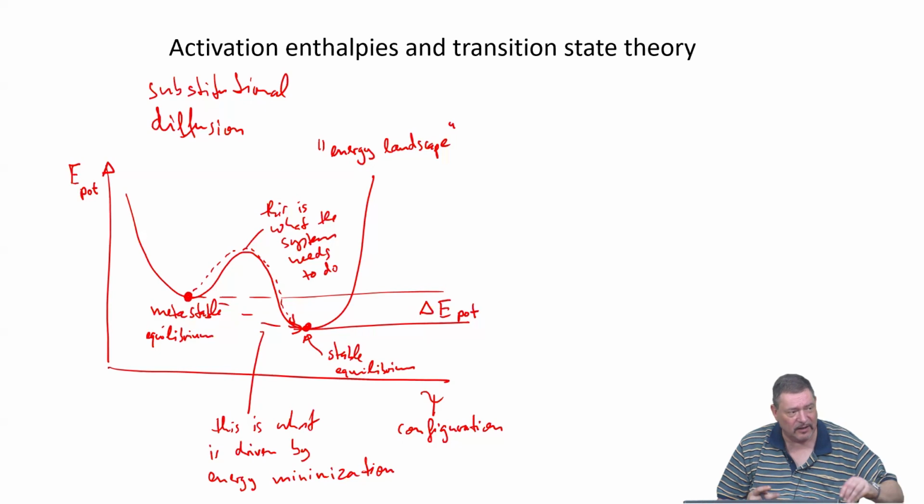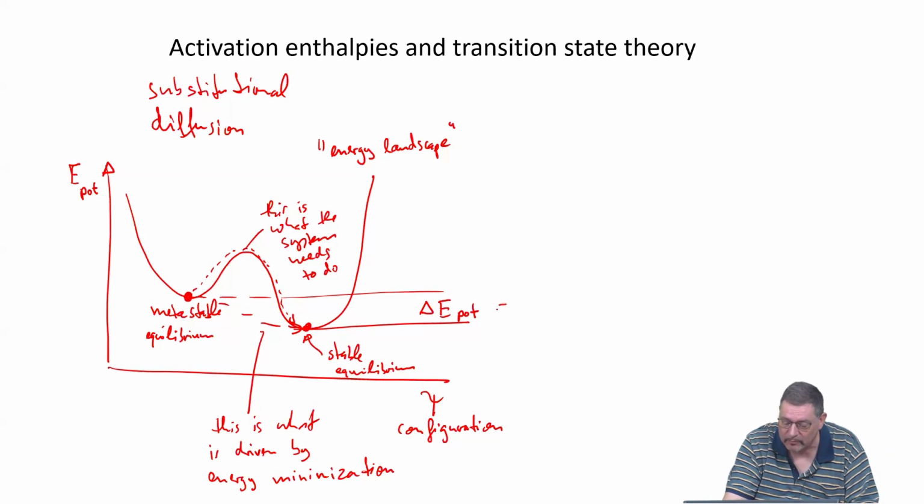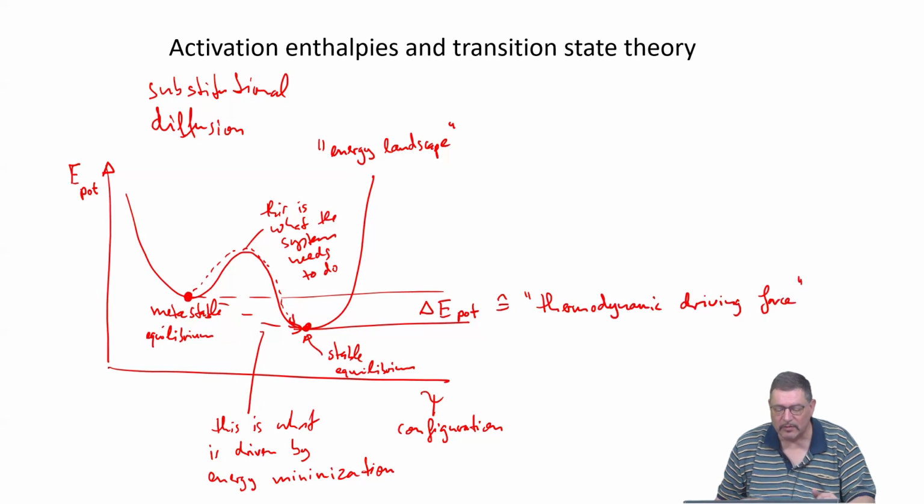And this delta E here is exactly what is driving the system to go from metastable to stable equilibrium. So this drives diffusion, right? So in the end, the system can lower its energy.